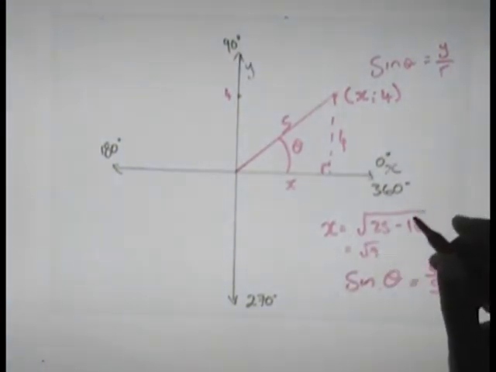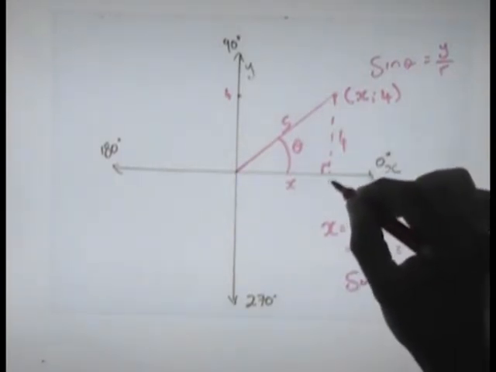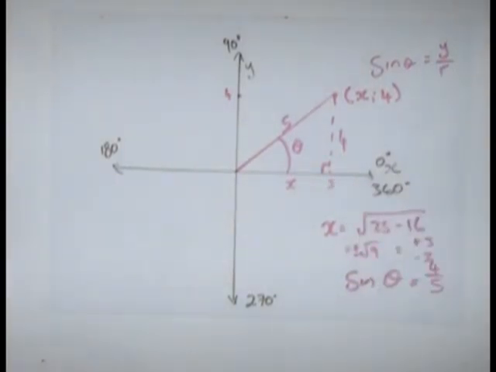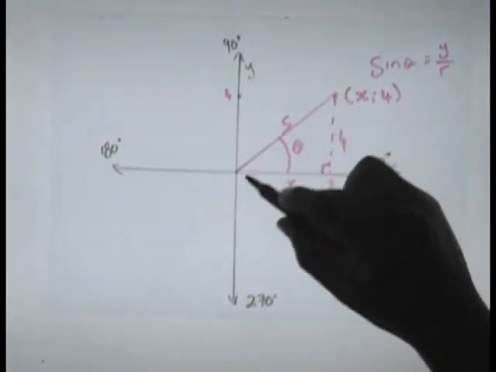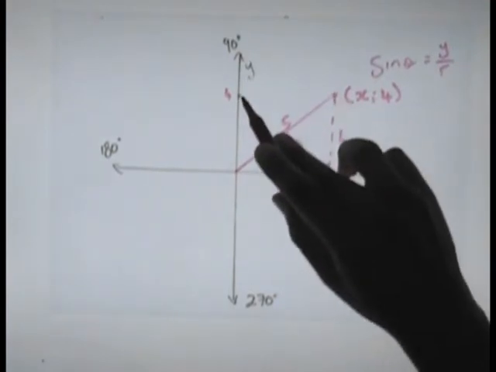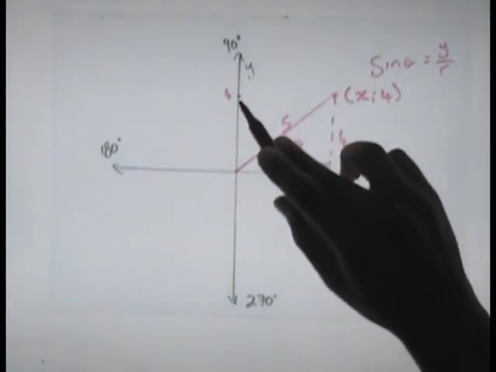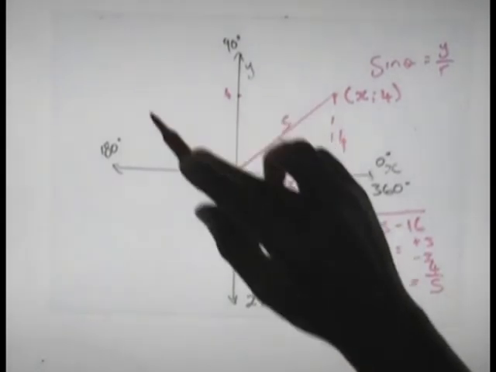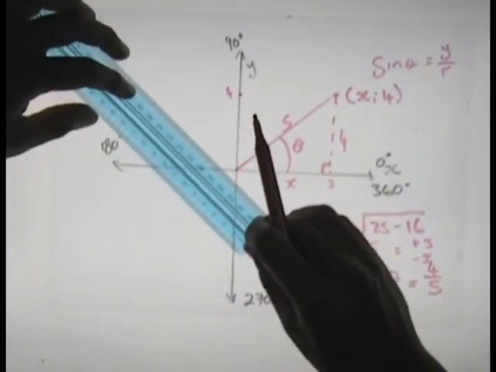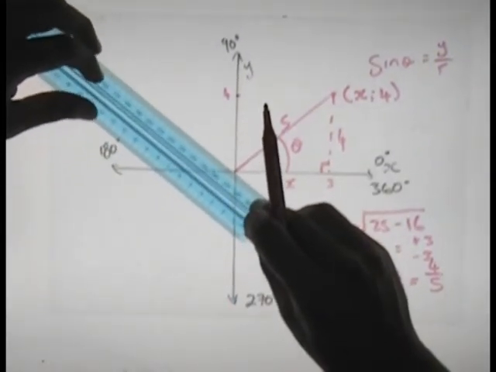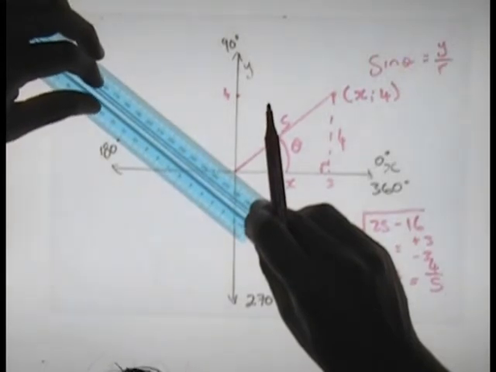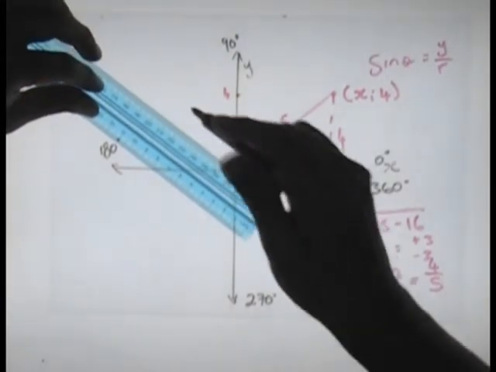But that could be positive or negative. So x could be positive 3 or negative 3. I know that this is positive 3, but with an r value of 5 and a y value of positive 4, couldn't that also be somewhere over here? Couldn't theta also fall over here?